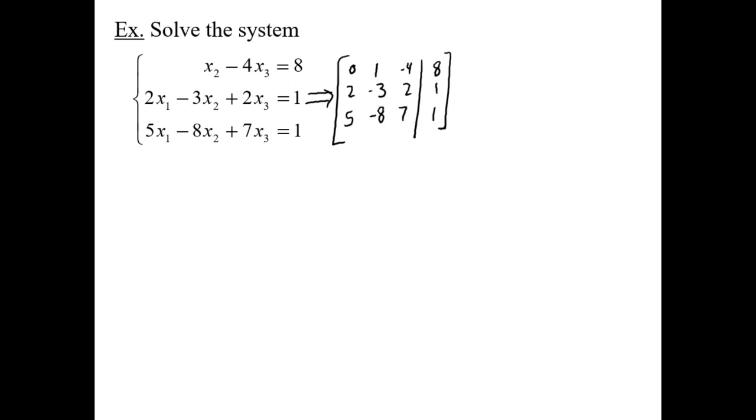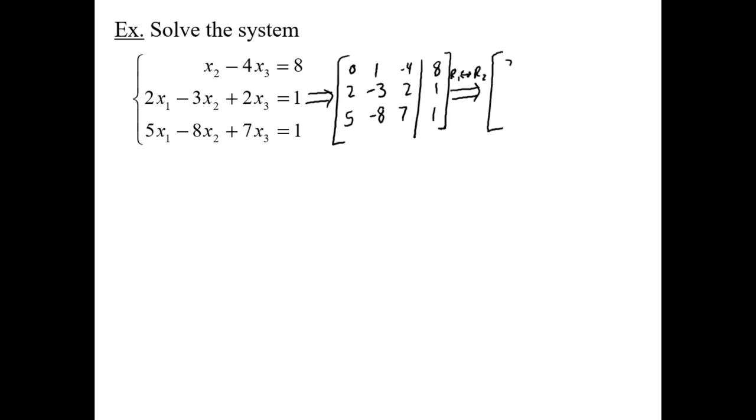Okay. Next thing we want to do is put a non-zero number in the upper left-hand corner. And it really doesn't matter. One is preferable, certainly, but I don't think there's an easy way to get a one in the upper left-hand corner. That's fine. I'm just going to switch the first and second rows.